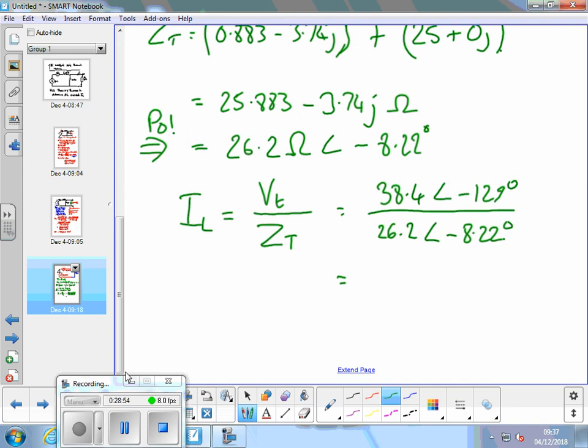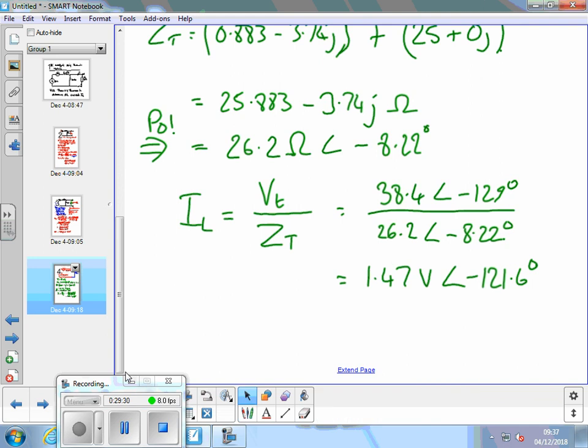Do that polar division and we get 1.47 angle minus 121.6 degrees. And that's not volts, that's amps. It's amperage.